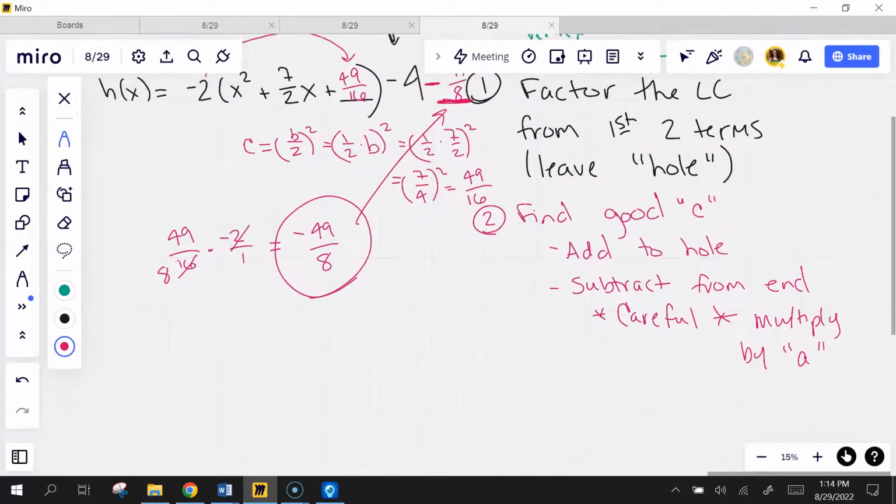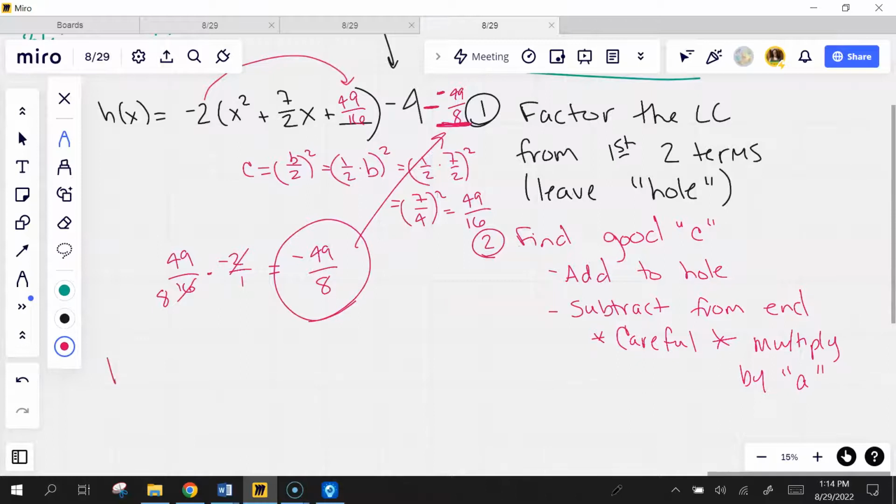Okay, I'm just going to rewrite this part so you see. I have h of x equals, that's the hard part.